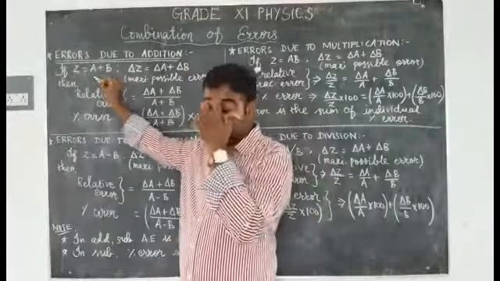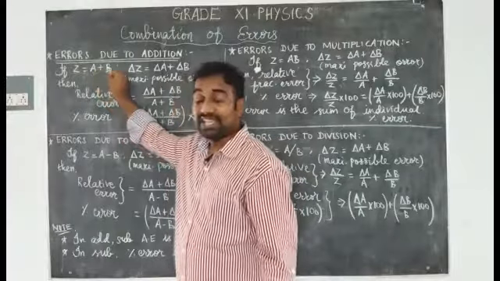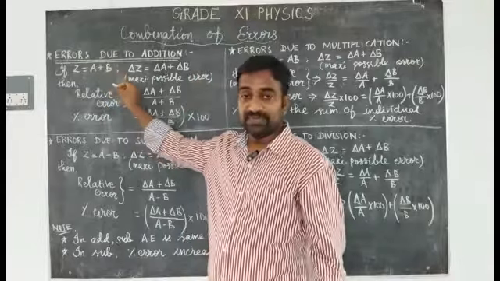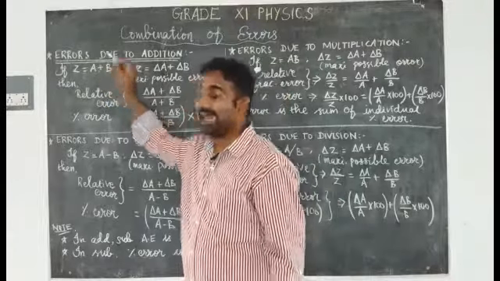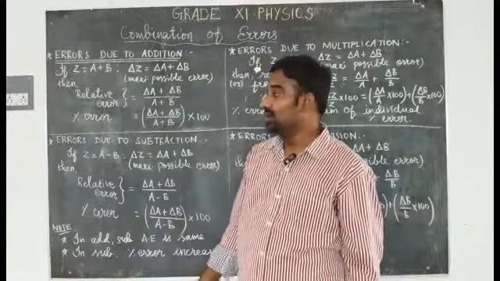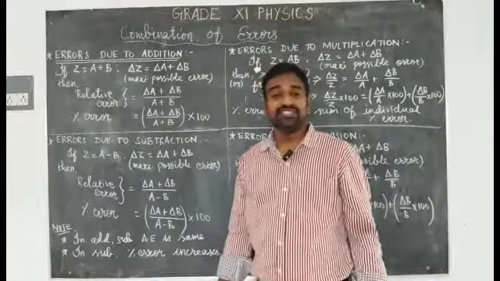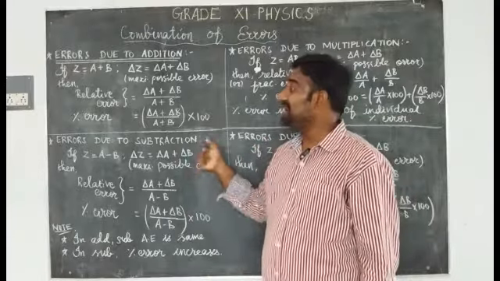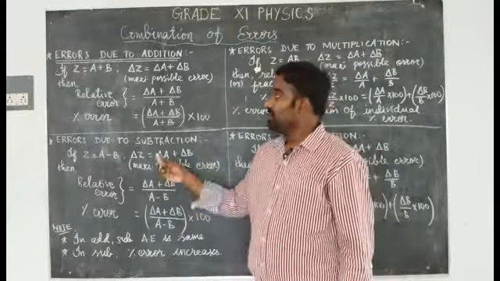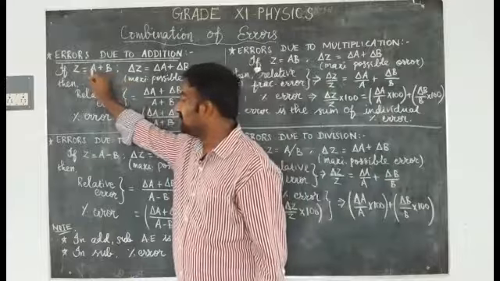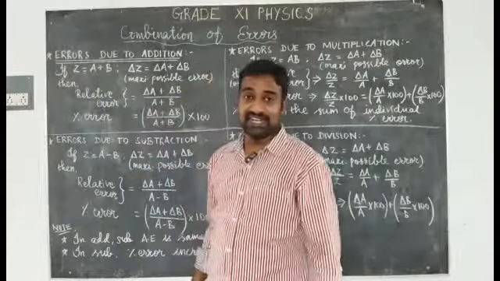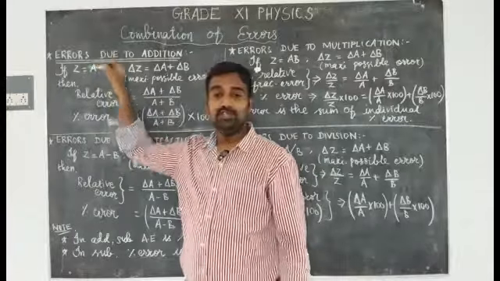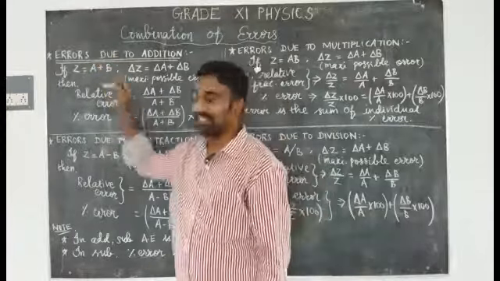Let us take the first measurement as A and the second measurement as B. If A and B are 2 different measurements that are added, the best example is in the equation of motion, V is equal to U plus at. Here the velocity is added with the acceleration term: the first measurement is the initial velocity, the second is the acceleration term. When they are added, you will get the final velocity.